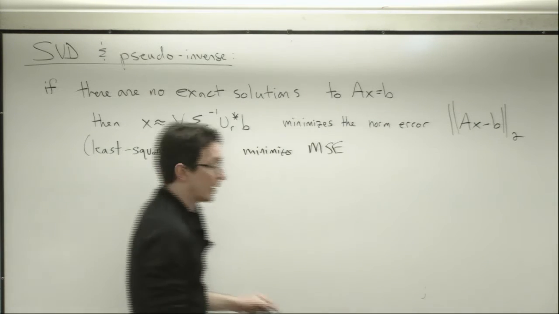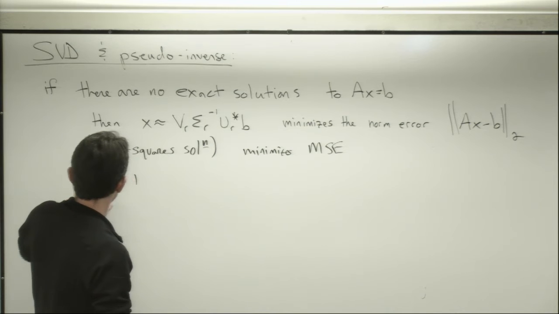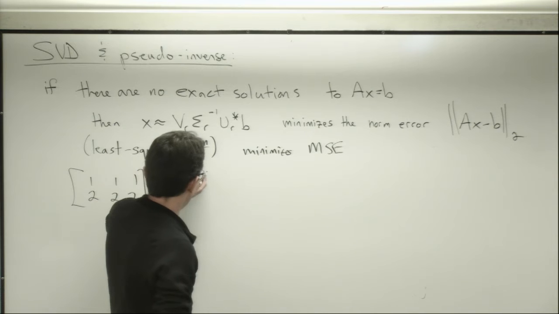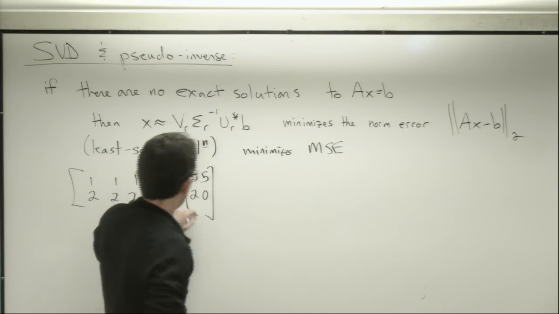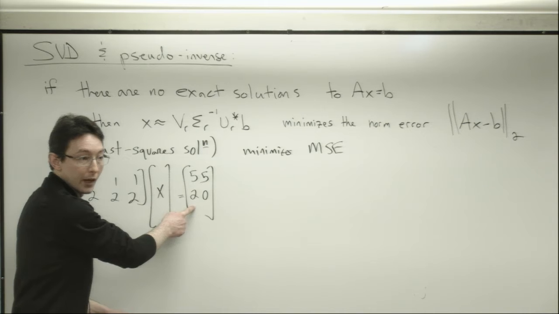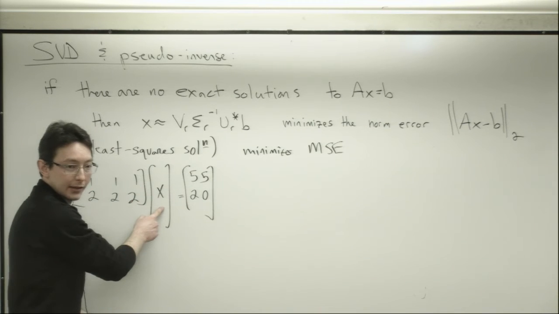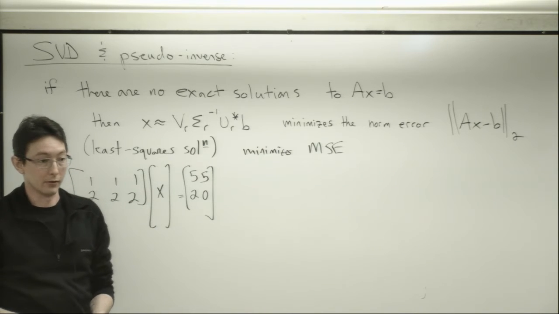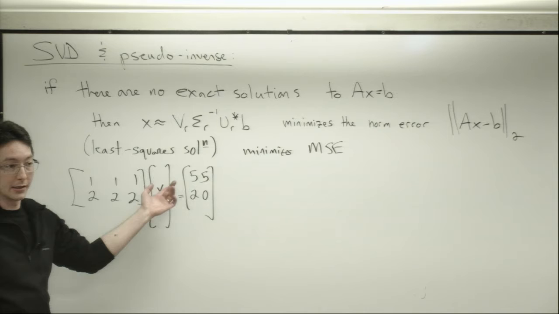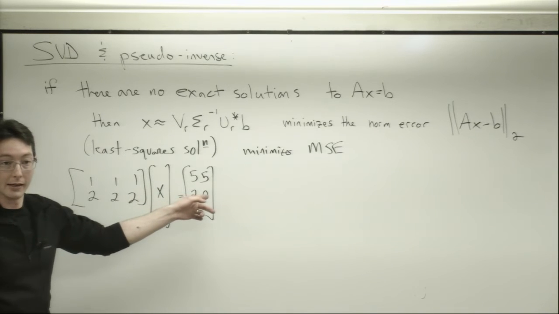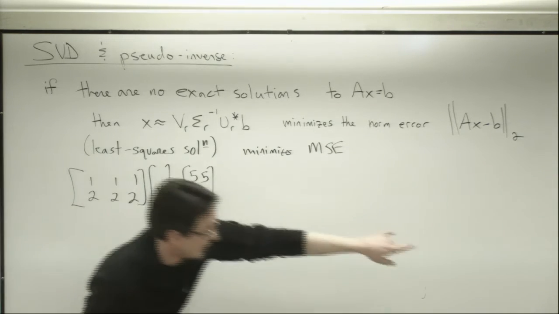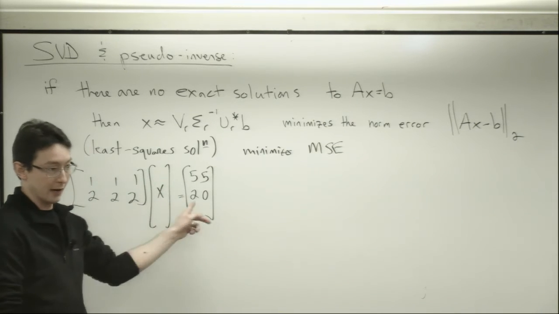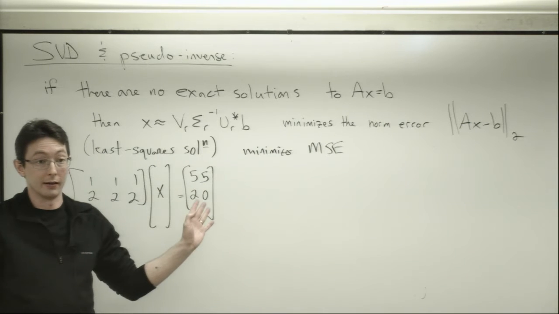So in that example where I had my matrix 1, 1, 1, 2, 2, 2 times x equals 55 and 20, where this was totally inconsistent, I can find the best possible x that gets the closest to satisfying both of these rows. And that solution with the pseudo inverse gives me the single best possible x that minimizes the error of this system of inconsistent equations.